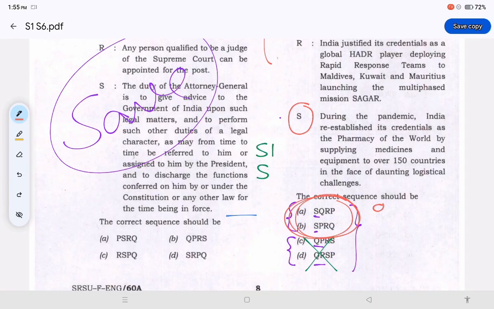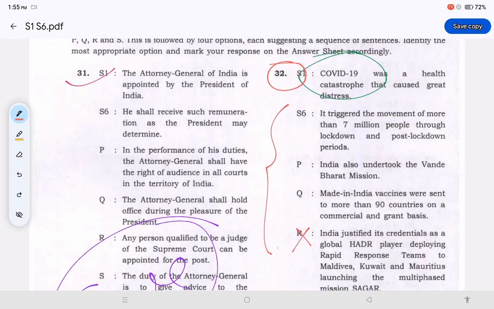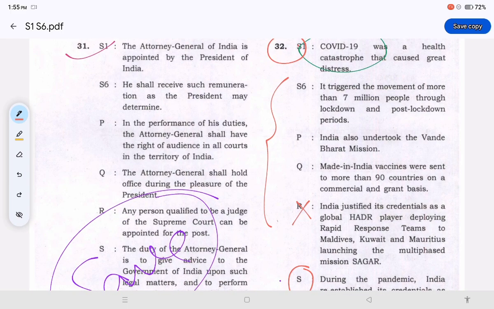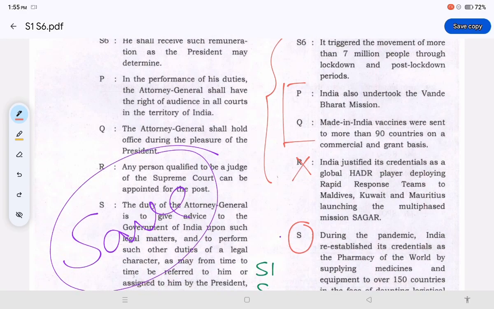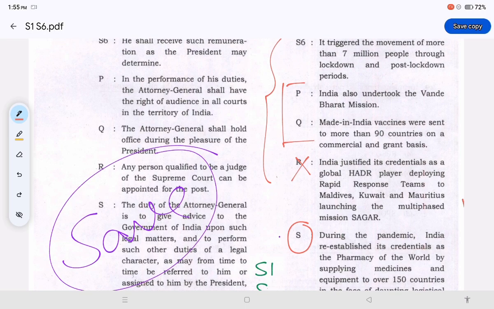It says either Q or P right after S. So we are not going to check R. This is another important way. We will not check R. We will see P and Q only. Read the last part: and equipment to over 150 countries in the face of daunting logistical challenges.